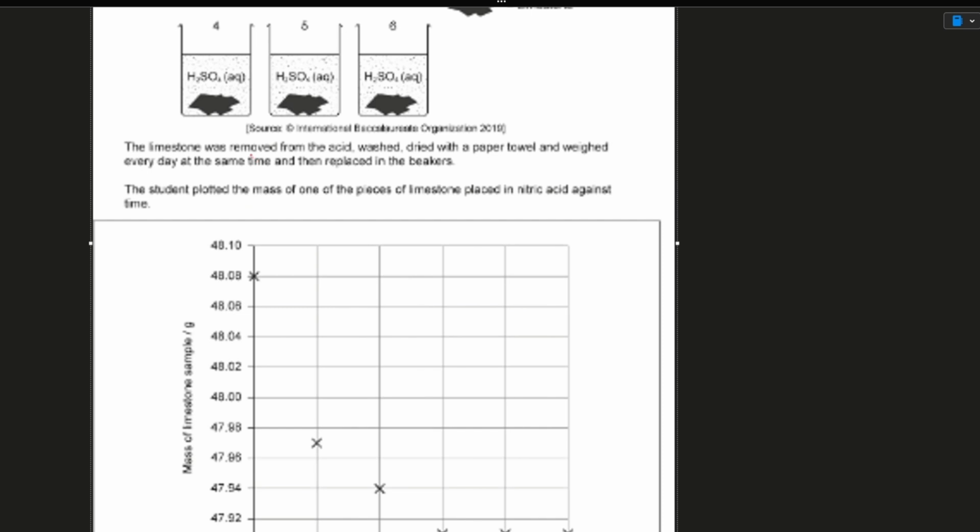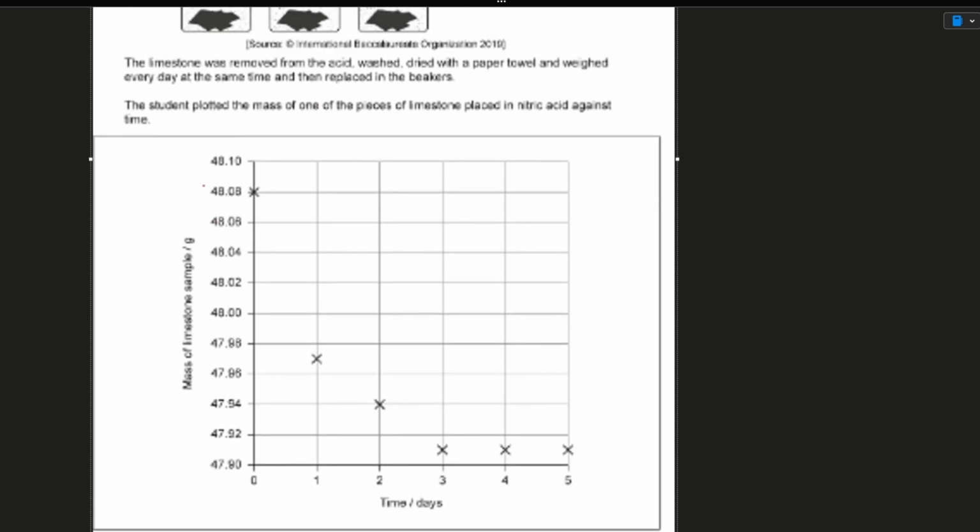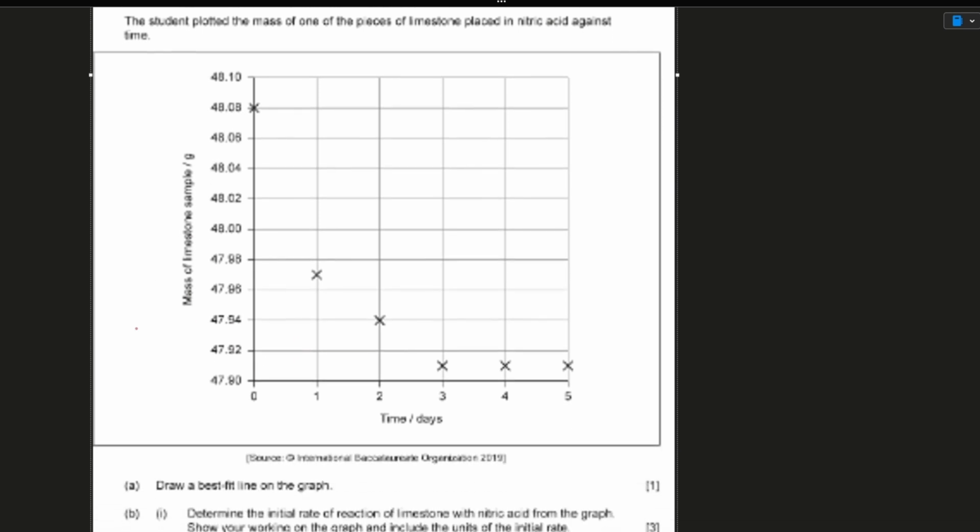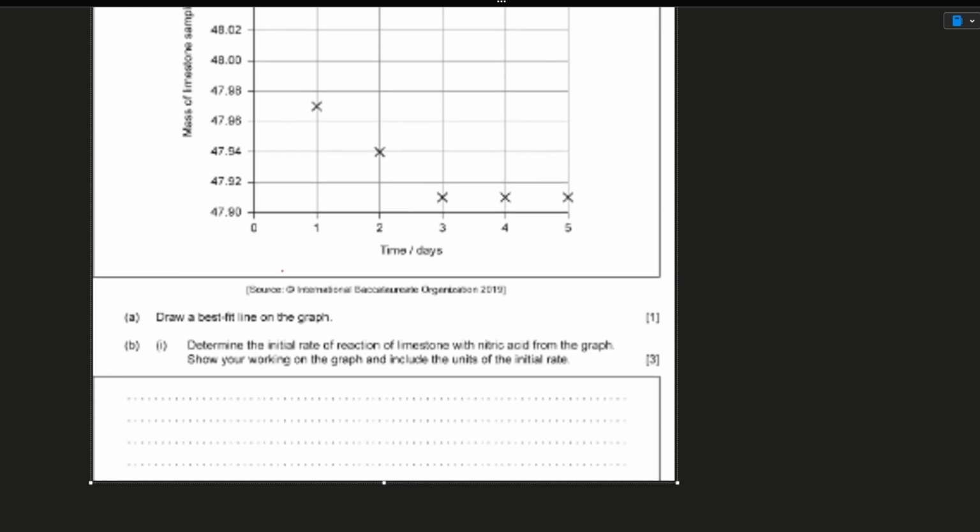The limestone was removed from the acid, washed, dried with a paper towel, and weighed every day at the same time, and then replaced in the beakers. The student plotted the mass of one of the pieces of limestone placed in nitric acid against time. You see a nice graph of the time in relation to the mass of the limestone in grams.